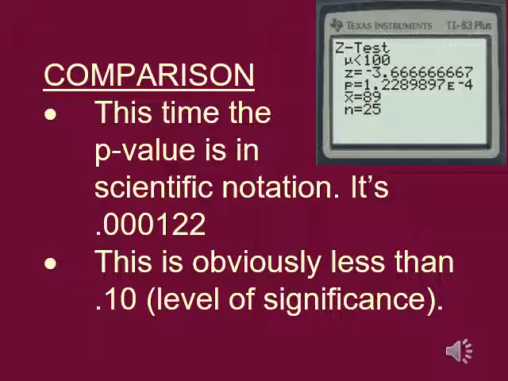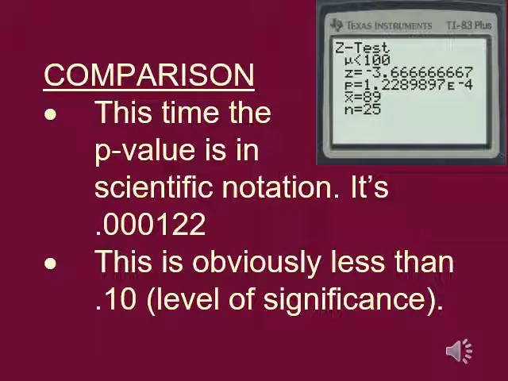That's why what I really have here is 0.00012289897. And again, you're going to see that more than once. In fact, you'll see it 2 or 3 times in the examples we're going to go through today, that you have scientific notation. It pretty much is a dead giveaway that you will have a significant result.